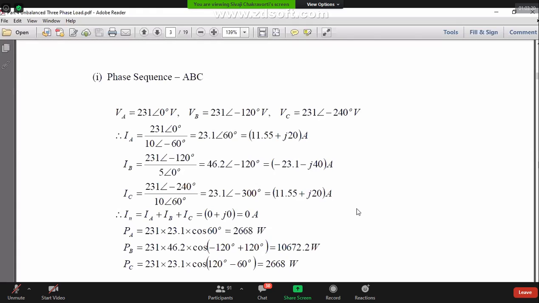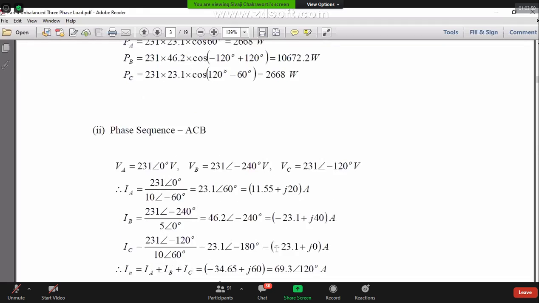Now, my dear friends, here is a very interesting question I raise to you. If somebody says that by a very simple measurement in a star system, can you tell whether it is balanced or unbalanced? I have seen 90% students answering that if the neutral current is 0, it is balanced.